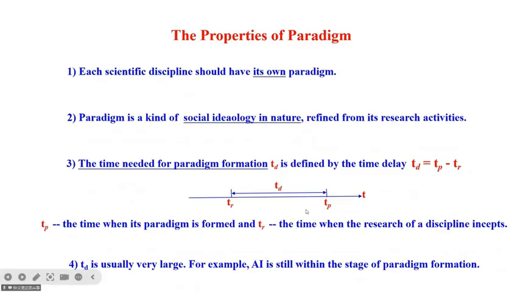As you can see from the picture, the period of time from TR to TP is called TD, the time needed for the paradigm formation. Number four, TD is usually very large. For example, AI is still within the stage of paradigm formation. In other words, AI does not yet have its paradigm available. It's still in the initial stage.